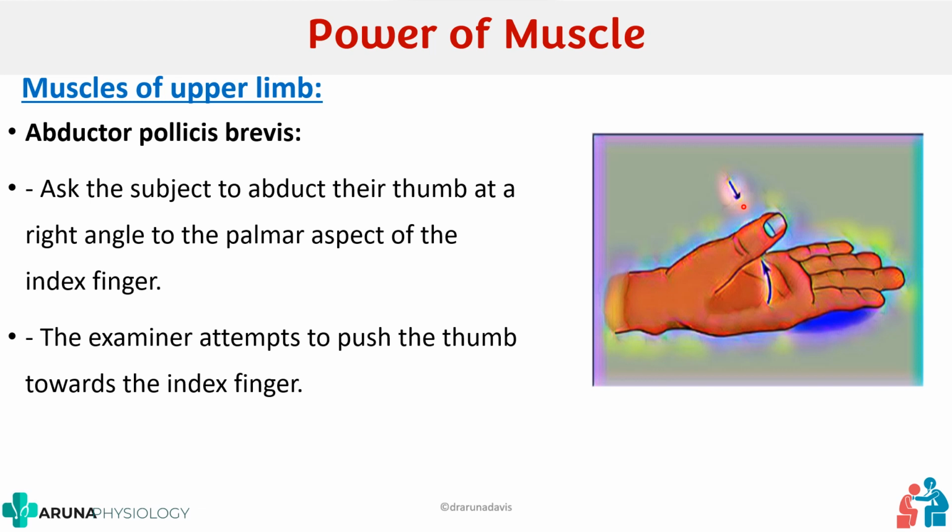Once you apply resistance, we observe and feel for the muscle contraction. You can see the muscle being taut there. So that is how you will examine for abductor pollicis brevis.